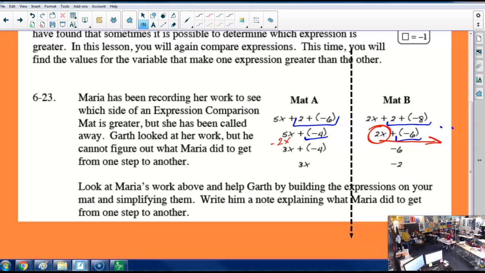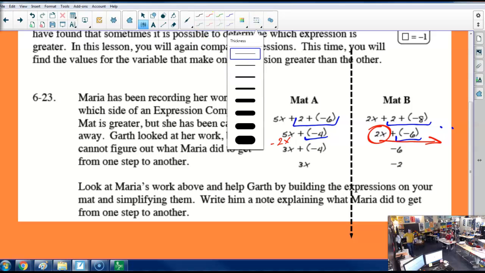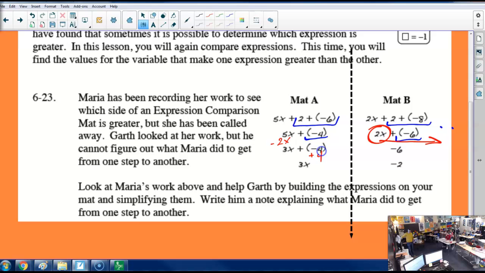Meredith, what about going from step 3 to step 4? They just do this 3x and then take away the 4. Is it 4? Negative, -4. So if we take away -4, it's the same thing as just adding 4.